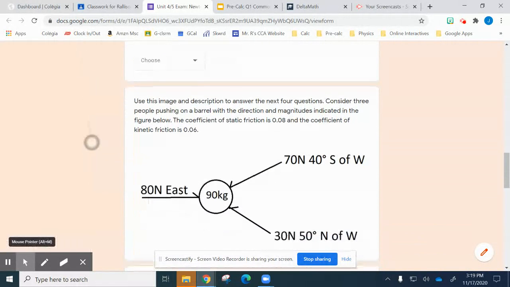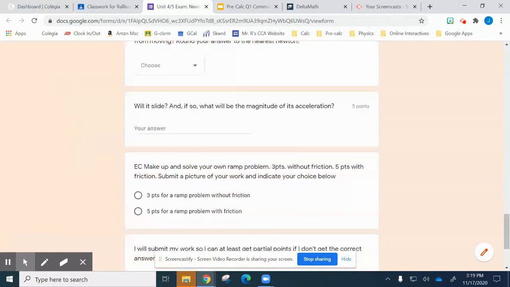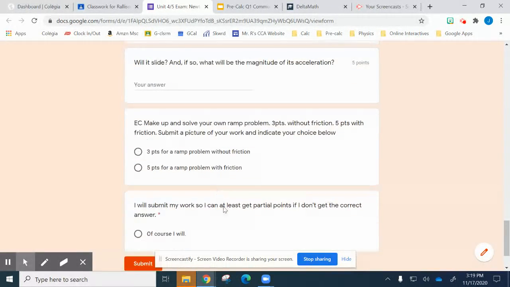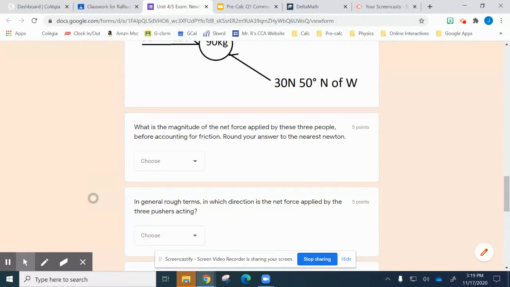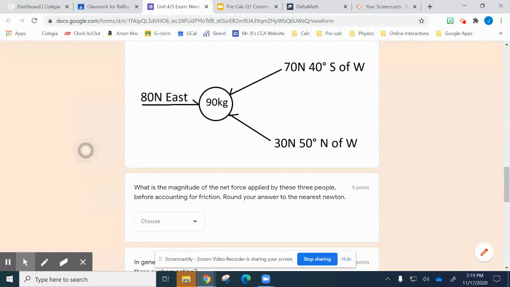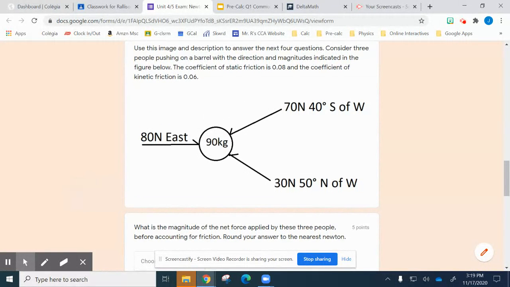All right, next question. Let's see, what do we got? Okay, so it's a 2-question test. Basically we're going to analyze this barrel, and we're going to find out if it's going to slide, and if it slides, how fast will it be accelerating?